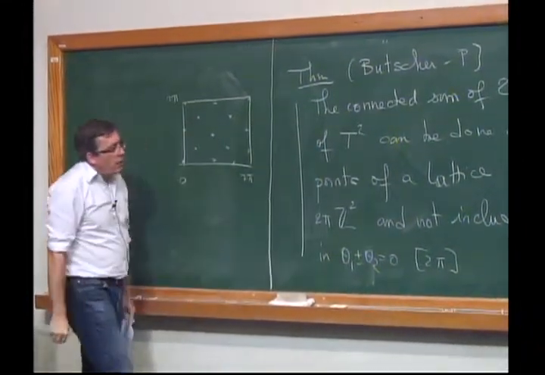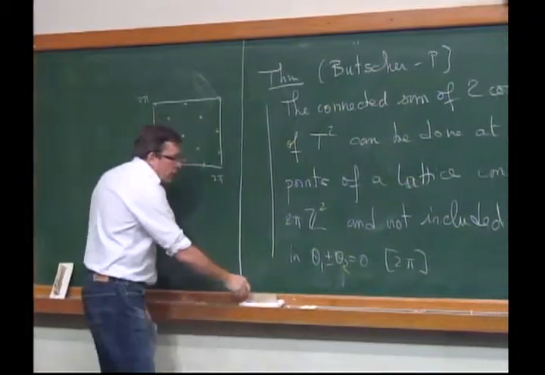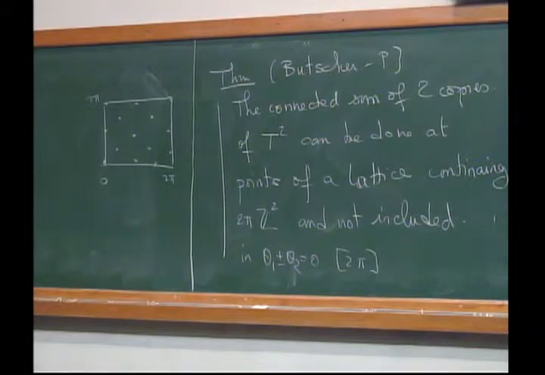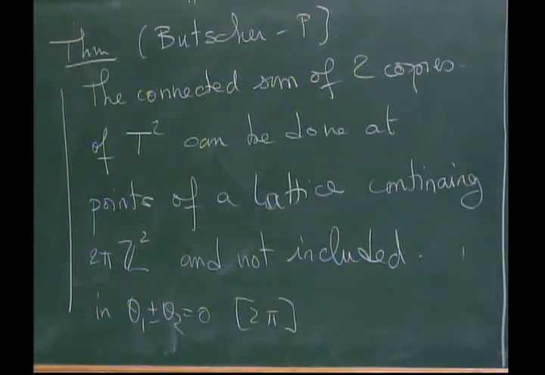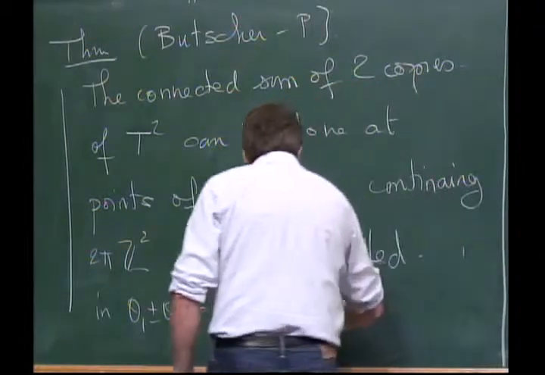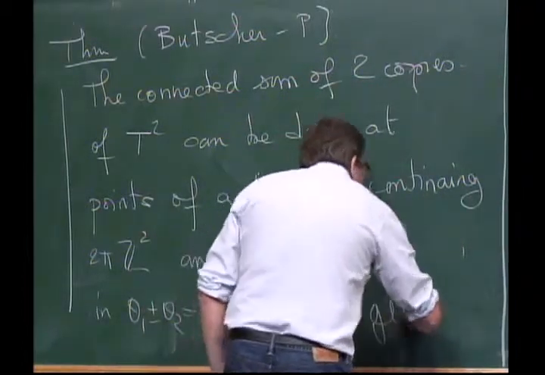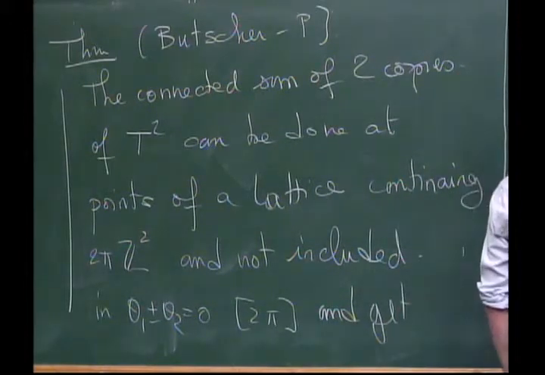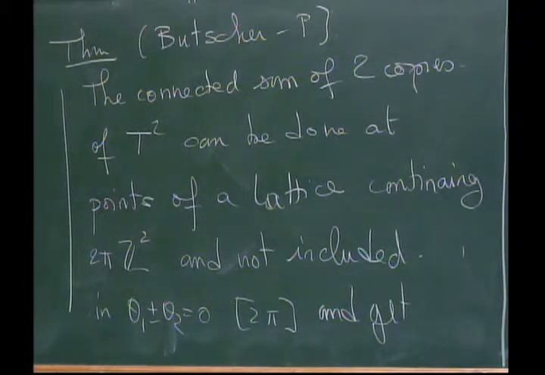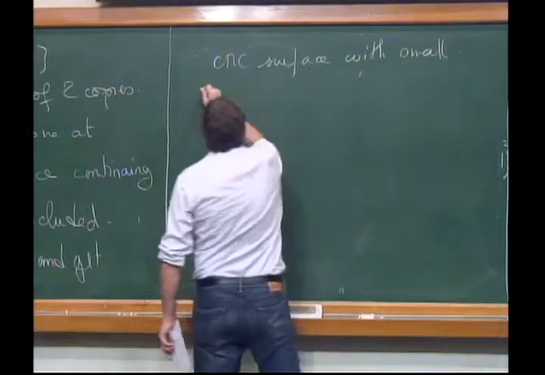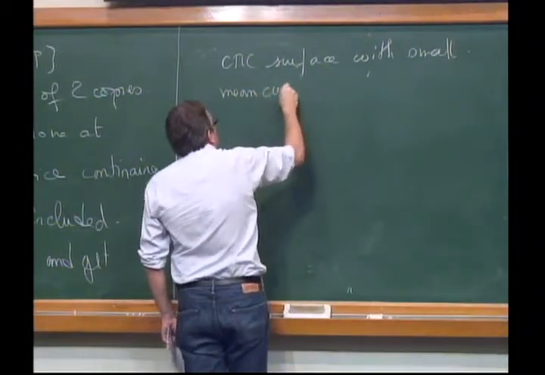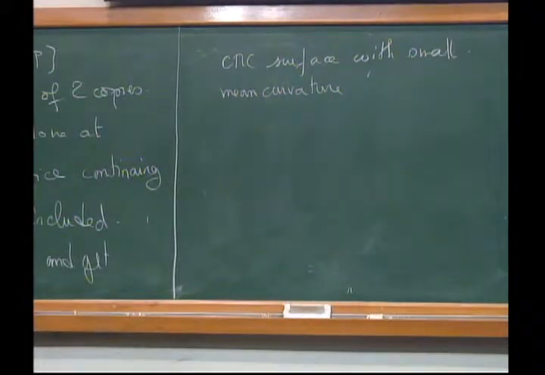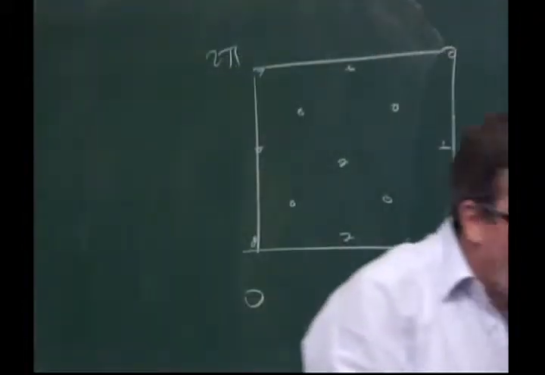And what you get is a constant mean curvature surface with small mean curvature, for any value of the mean curvature, provided it is small. But basically, this is always the same construction.